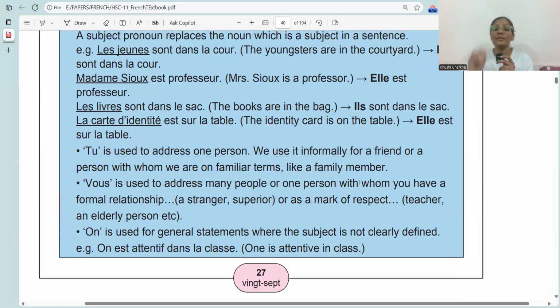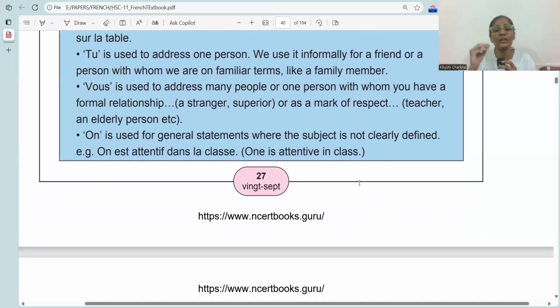Tu is used for singular person and for informal relationships. And vous is used for either more than one person, plural people, or one person but with respect, a formal relationship. On is used for general statements. One should be honest, one should behave nicely.